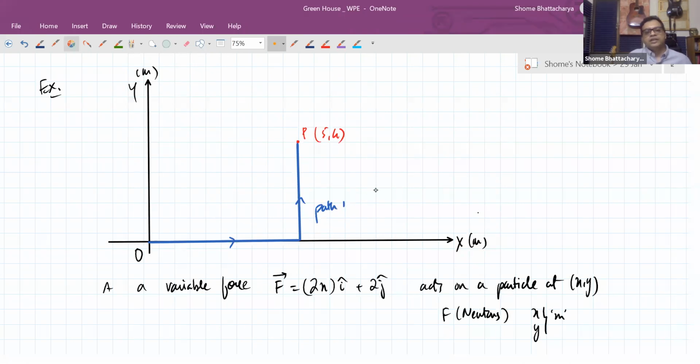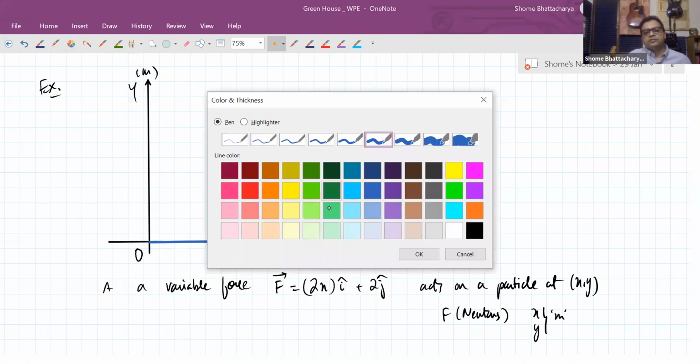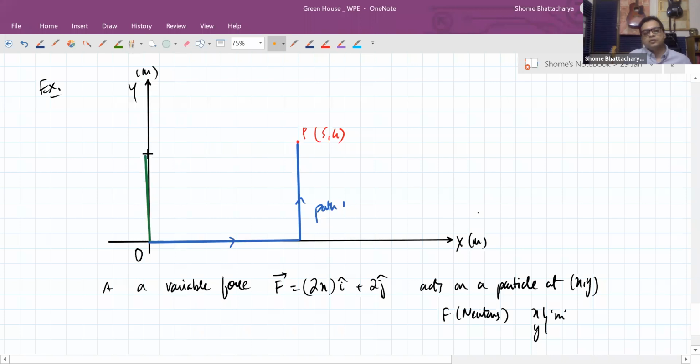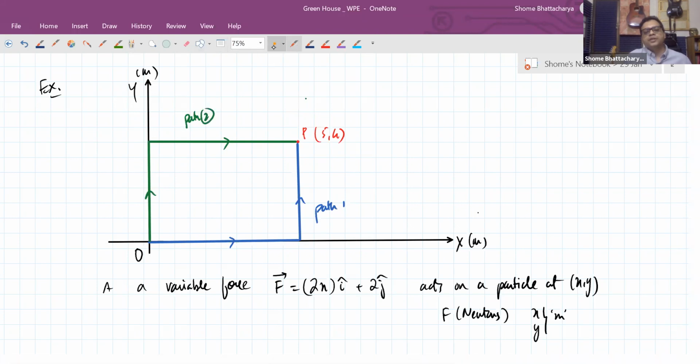And second, we are going to see a path like this, that first we move along the y-axis from the origin, and then we go parallel to the x-axis to that same point P. So this is our path 2.